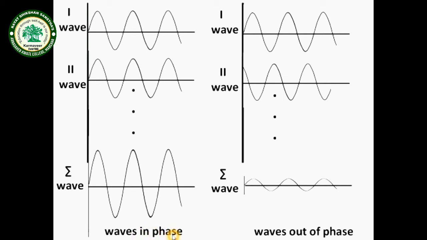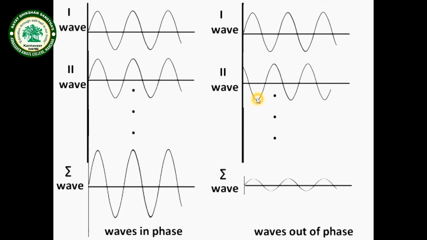In another manner, we have the first wave, but this time the second wave is out of phase. Out of phase means that if the first wave indicates a crest, simultaneously the second wave indicates a trough.